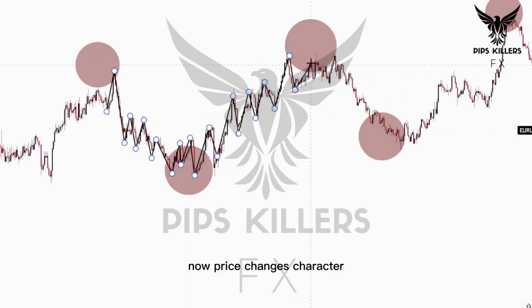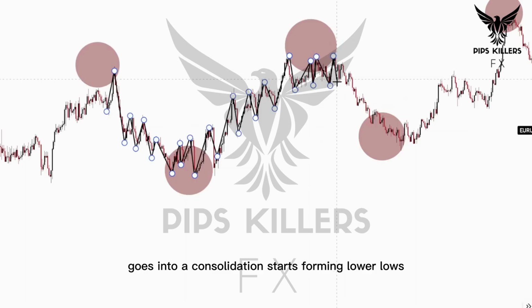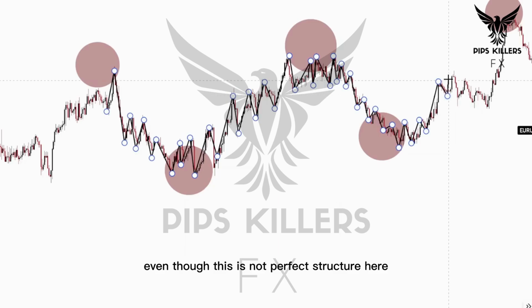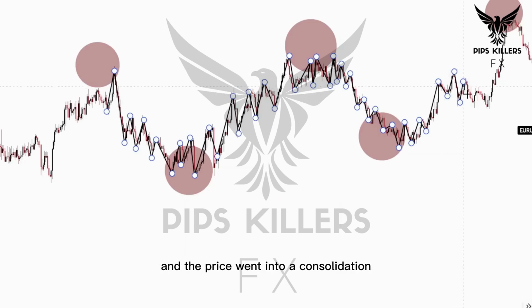Now price changes character, goes into a consolidation, starts forming lower lows. Change of character, now it forms your higher highs. Even though this is not perfect structure here and the price went into a consolidation, price is still in a bullish trend.